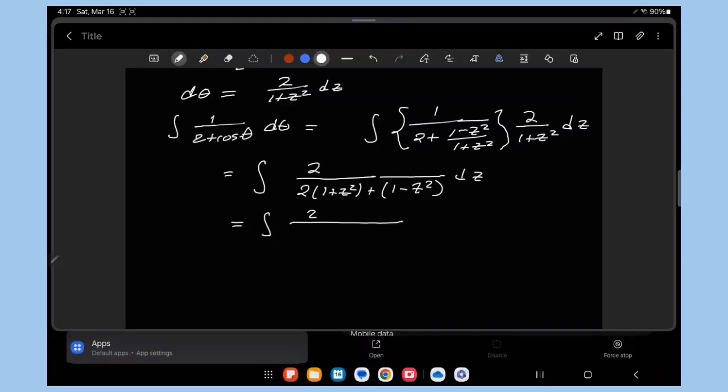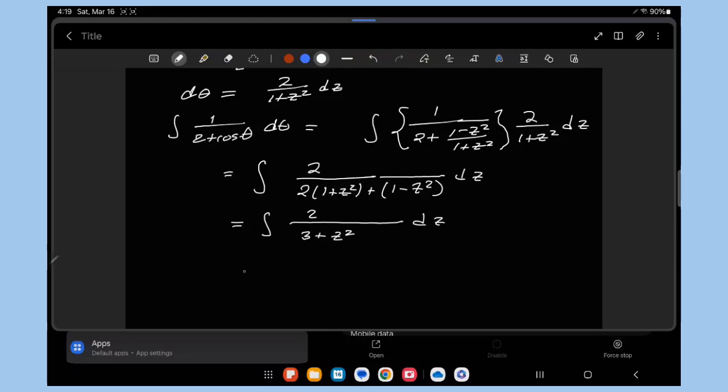And when you add 1 minus z squared to that, what do we have? We have a 2 plus 1, which is a 3. And we have a 2z squared minus z squared, and that adds up to plus z squared dz. So we now have a fairly simple integral to handle.